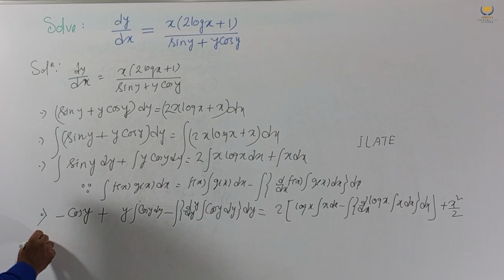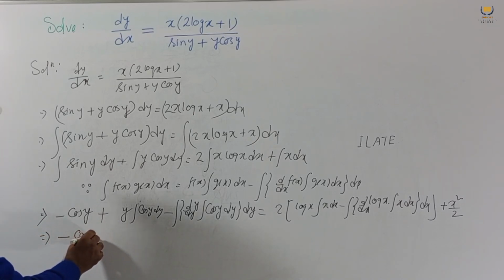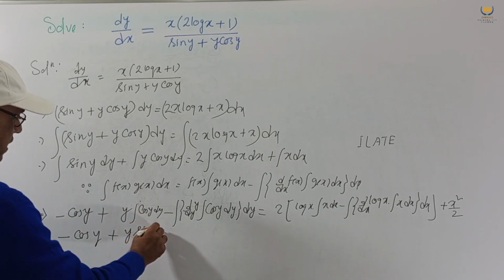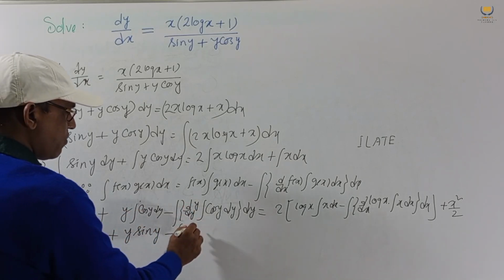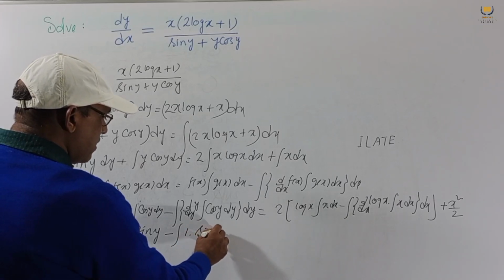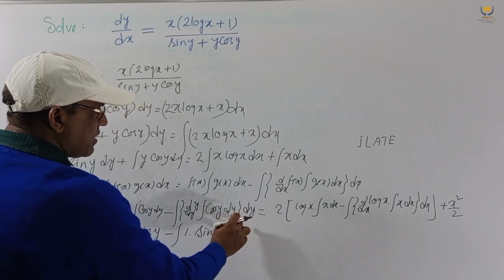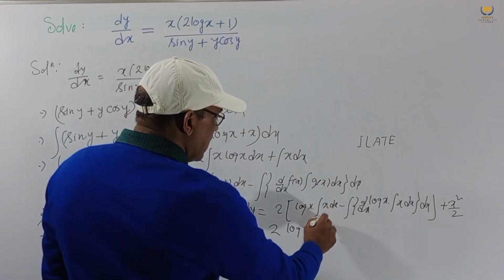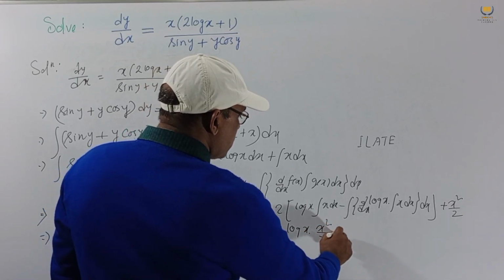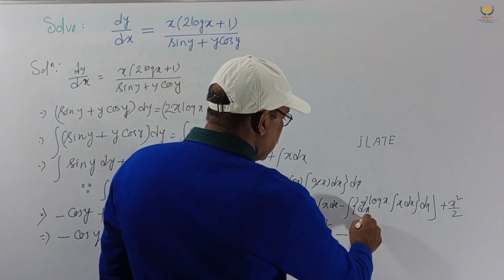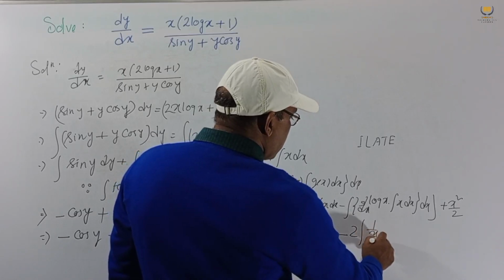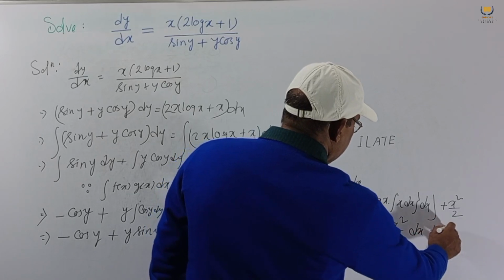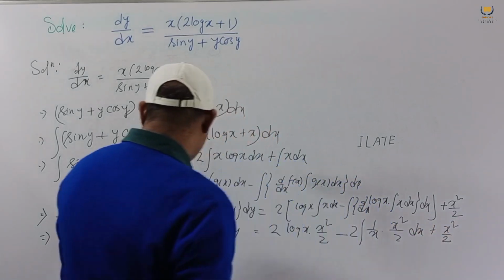Now this will be minus cos y, the integration of cos y means sin y, dy. This is sin y, this is dy, this is 2 log x, and this will be x square by 2. And these 2 multiplying here, d/dx of log x means 1 by x, this is x square by 2 dx, plus x square by 2 we get.